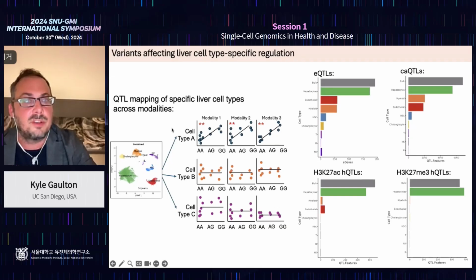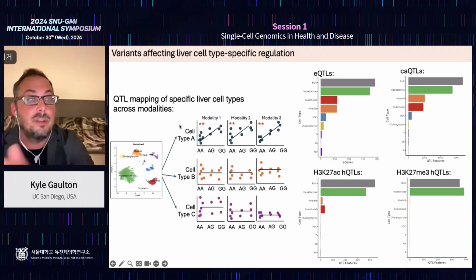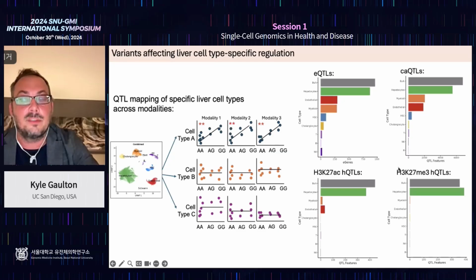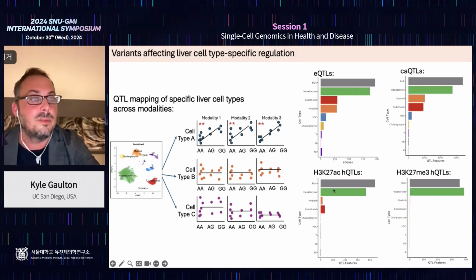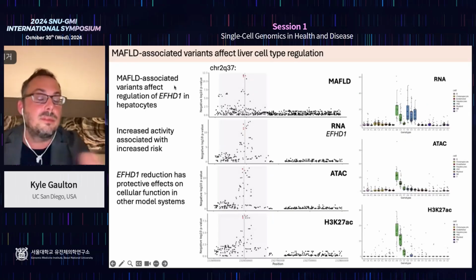And so finally, for this section, since we have genotype data for all these donors and all these modalities, we can map genetic effects on each of these pieces of information: expression, chromatin, and then histone modifications. And we have done this, and this is the number of QTLs that we find for each of these modalities, largely in the more common cell types like hepatocytes, but we find QTLs in other cell types as well. And as I described for diabetes, we can use this information to map up to risk variants associated with liver disease and annotate genes that are involved in liver disease risk.